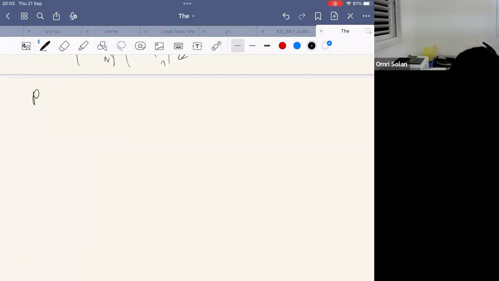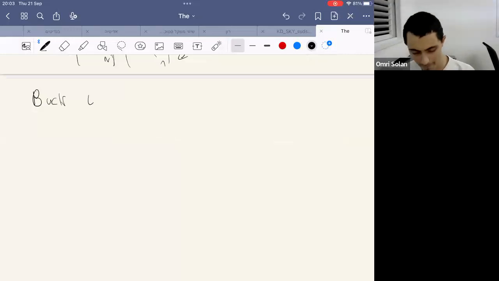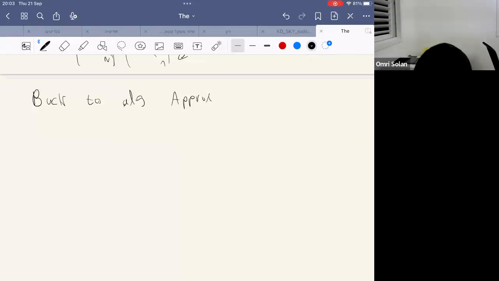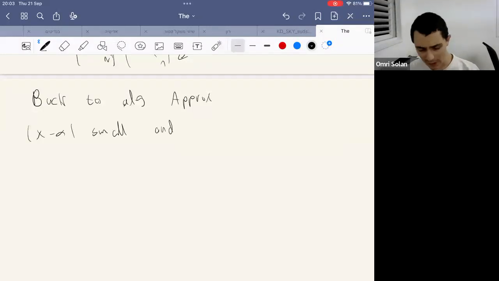If x minus alpha is small and p of alpha equals 0, then we would expect that p of x is small.